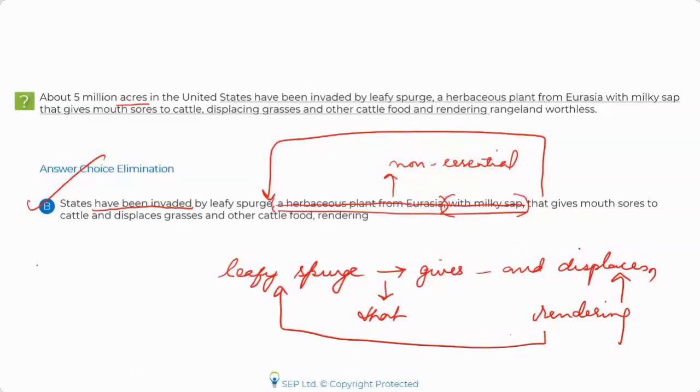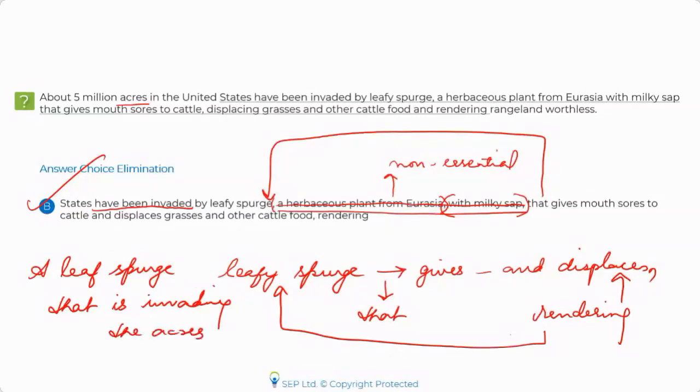If I say a leafy spurge that is invading the acres, okay? Now, that is invading the acres is a relative pronoun clause that will modify leafy spurge, but is basically a verb for leafy spurge only.